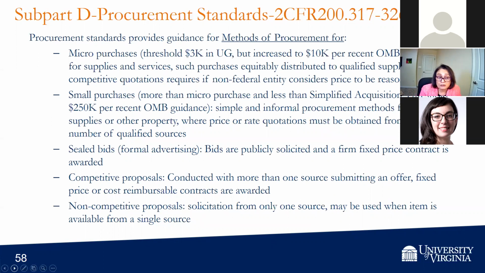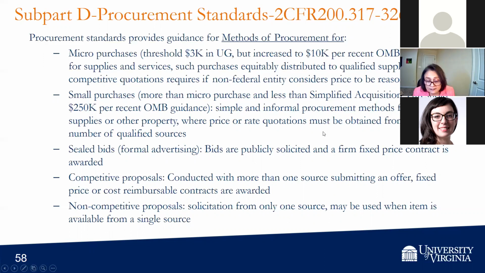Procurement standards also provide guidelines for methods of procurement. Now, micro purchases have been increased to $10,000 as of, I think, August 17th. So for micro purchases, for supplies and services, we do not need to have competitive quotes or any kind of cost price analysis. Small purchases are more than micro purchases and less than the simplified acquisition threshold, that is 250K.